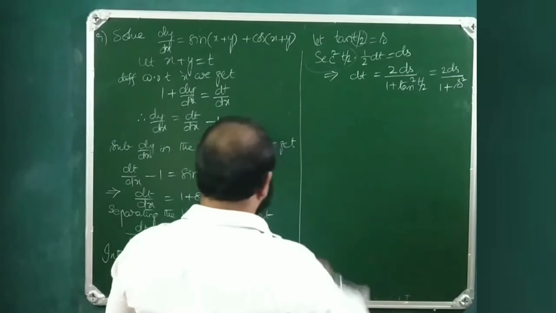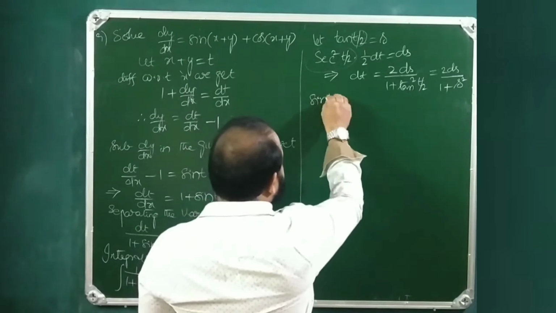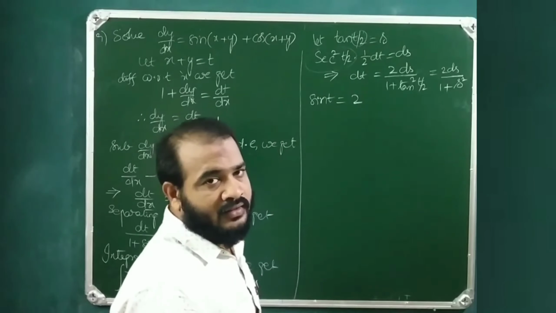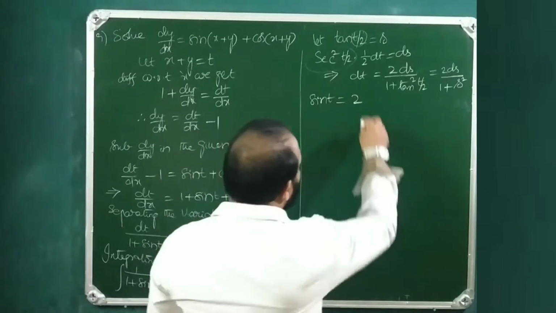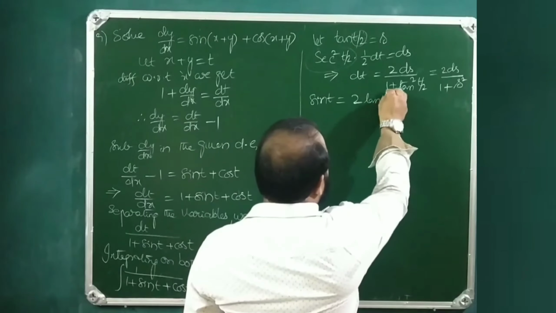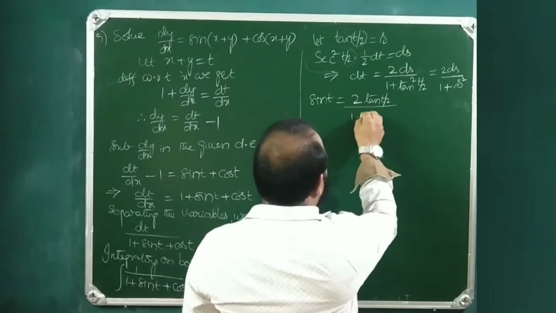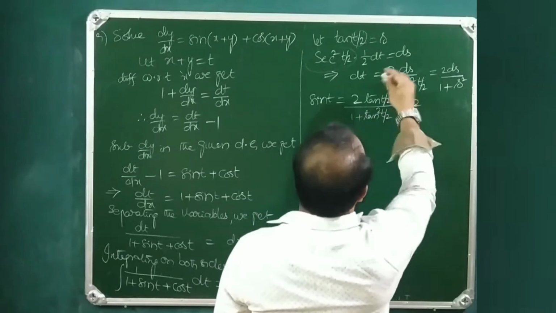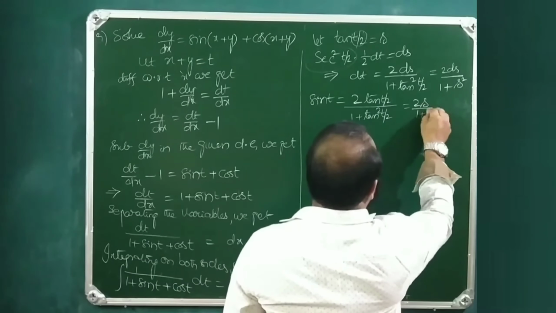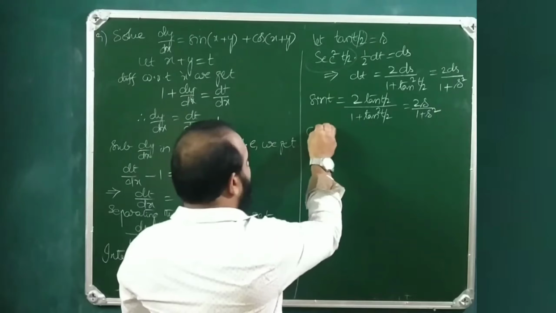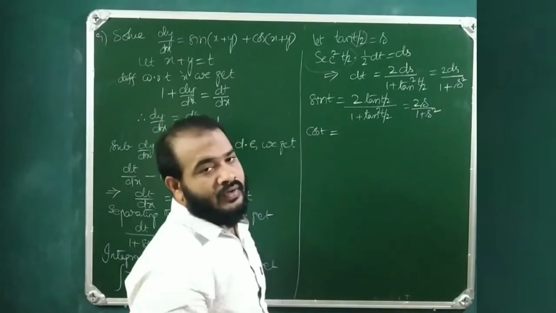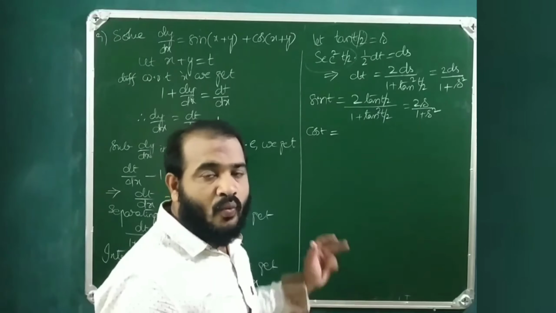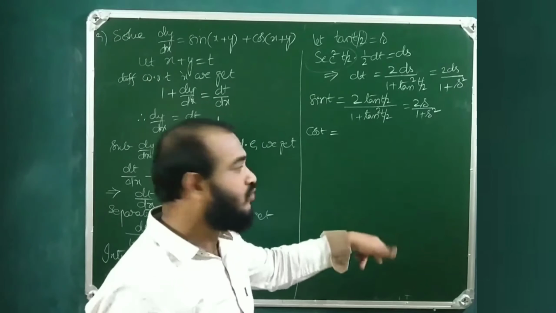And sin t can be written in terms of tan as 2 tan t by 2 by 1 plus tan square t by 2, that is 2s by 1 plus s square. And cos t: cos 2 theta in terms of tan is 1 minus tan square theta by 1 plus tan square theta.